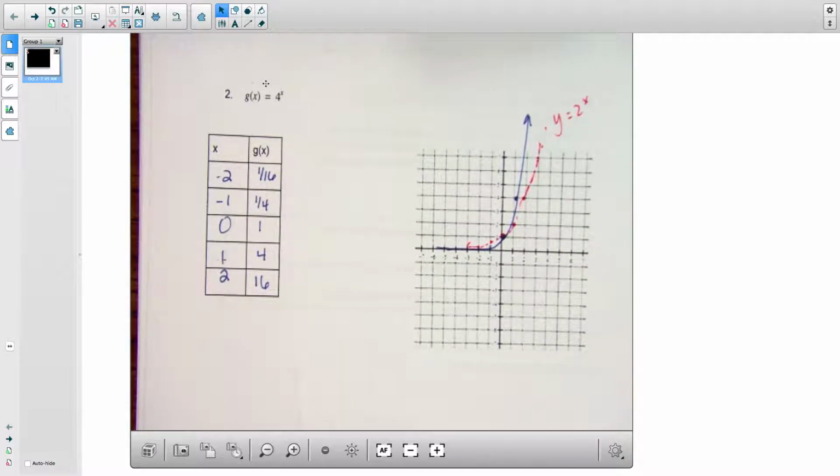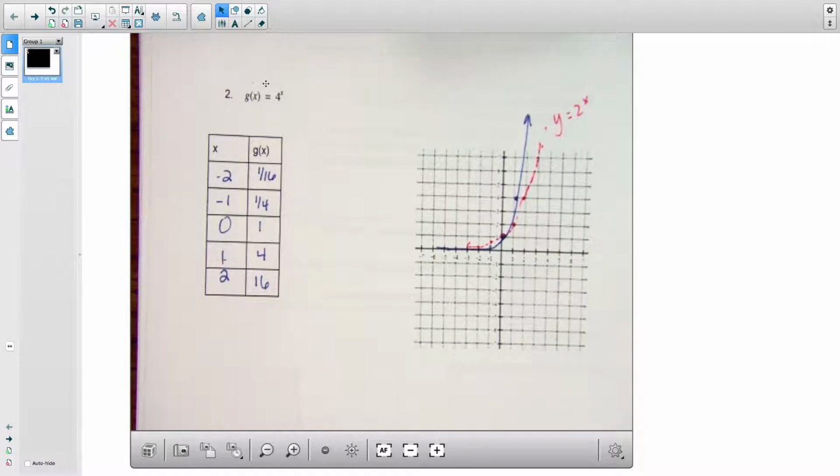But then at 1, for 2 to the x, I went up to 2, but for 4 to the x, it's clear up to 4. So the higher that base, what's going to happen to the graph? It's going to grow faster in the positive.